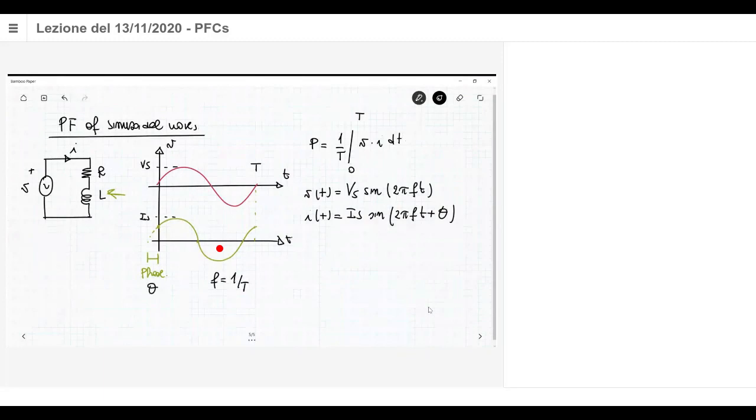If you take the product of the two, you get the average power. So it is 1 over T, then you have Vs Is, the integral of sine 2πft that multiplies sine of 2πft plus theta.